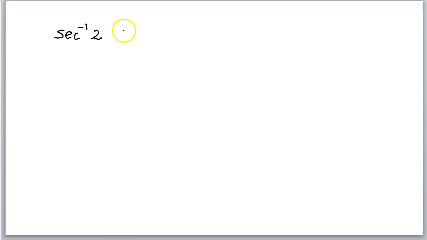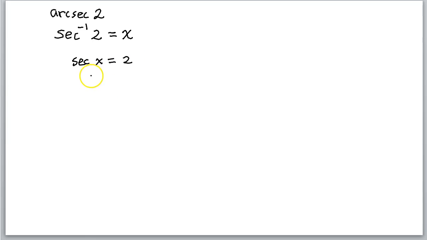Or sometimes you could be asked, what is the arc secant of 2? How would you find this? Well, first set it equal to x, and then rewrite it as secant of x equal to 2.